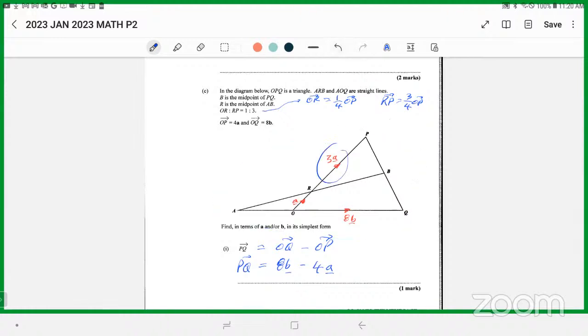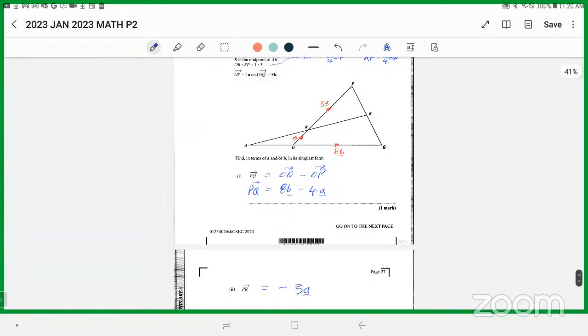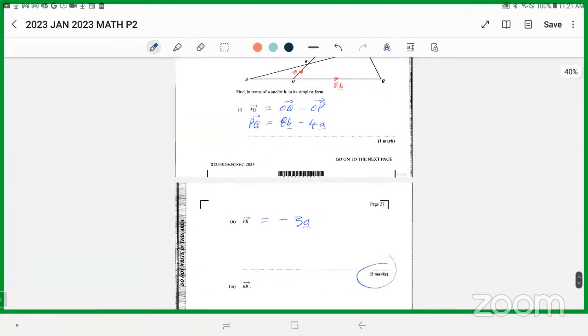That's why I'm writing these things on the diagram. I'm leaving them on the diagram there. So PR is just minus 3A, based on the diagram. I'm using that method. It's minus 3A because it's obvious, right? I'm not going to do it any other way. 2 marks for that.